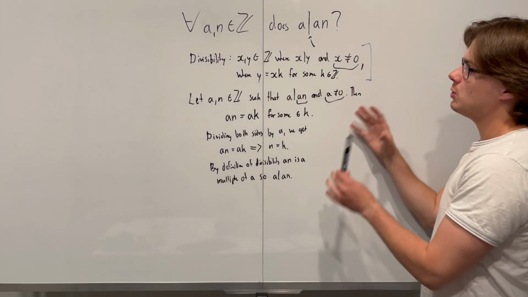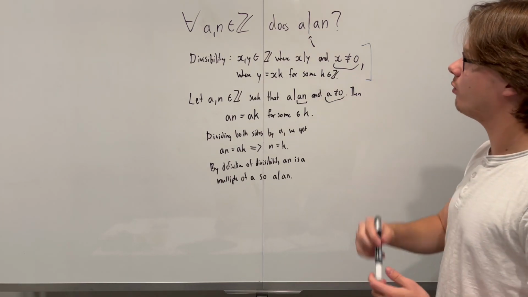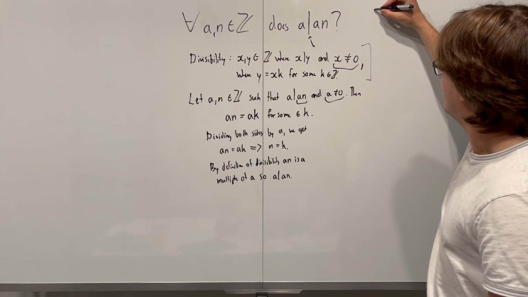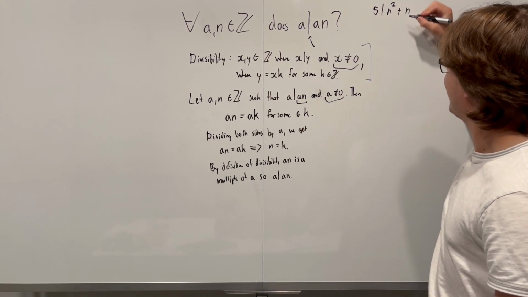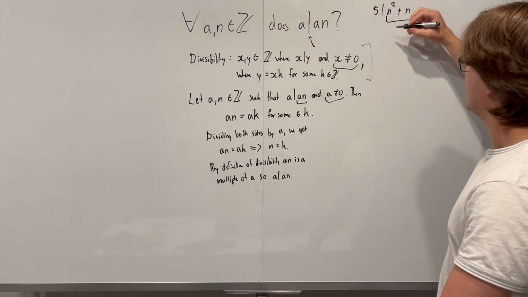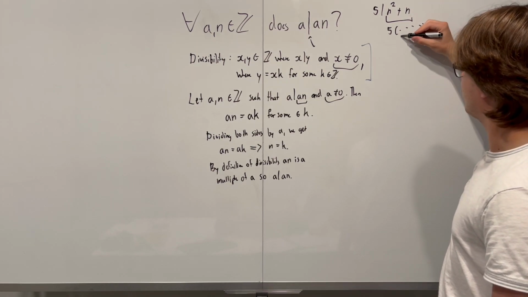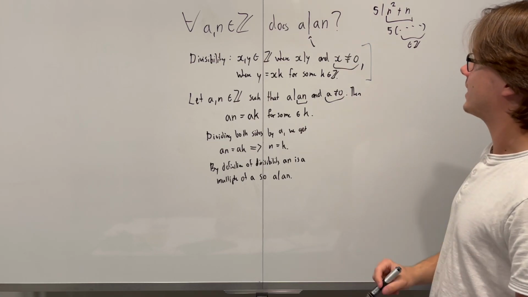We're going to be using this logic almost all of the time in our math proofs. We're going to always try and take something, for example, like 5 divides n squared plus n. We're going to always try and get this, whatever it's going to be, to look like 5 times something, where this something has to be an integer. In this case, it's the exact same kind of reasoning.